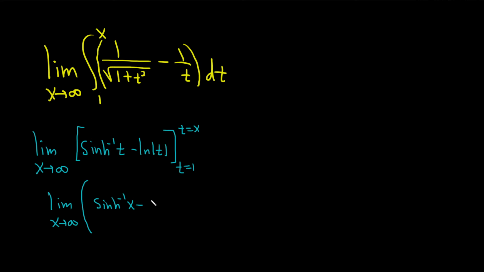So we don't need the absolute value here anymore. So this is the natural log of x minus, parentheses, now you plug in the 1, sinh inverse of 1 minus the natural log of 1. And the natural log of 1 is 0, so this piece is taken care of.